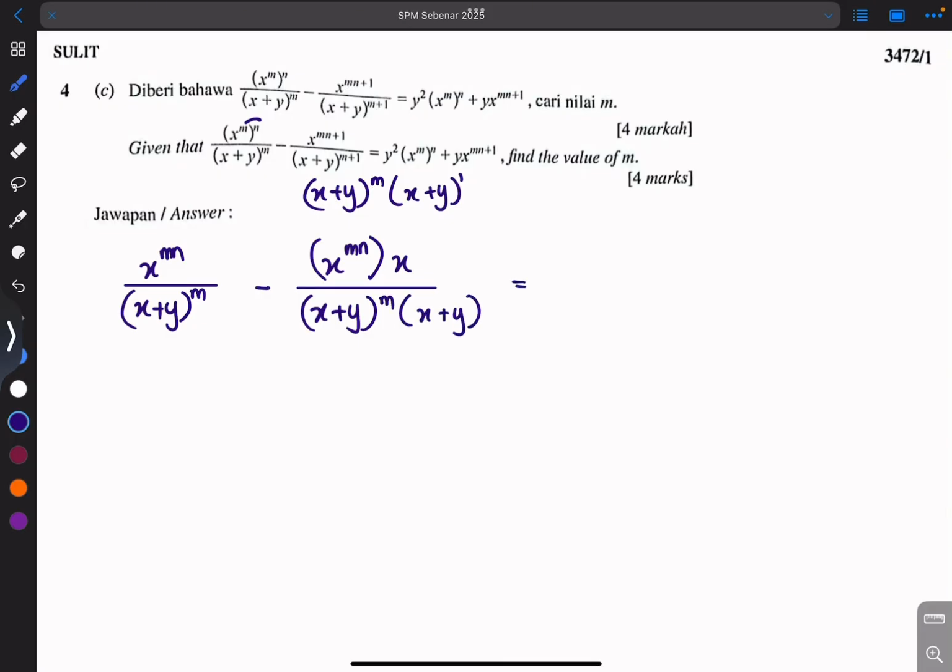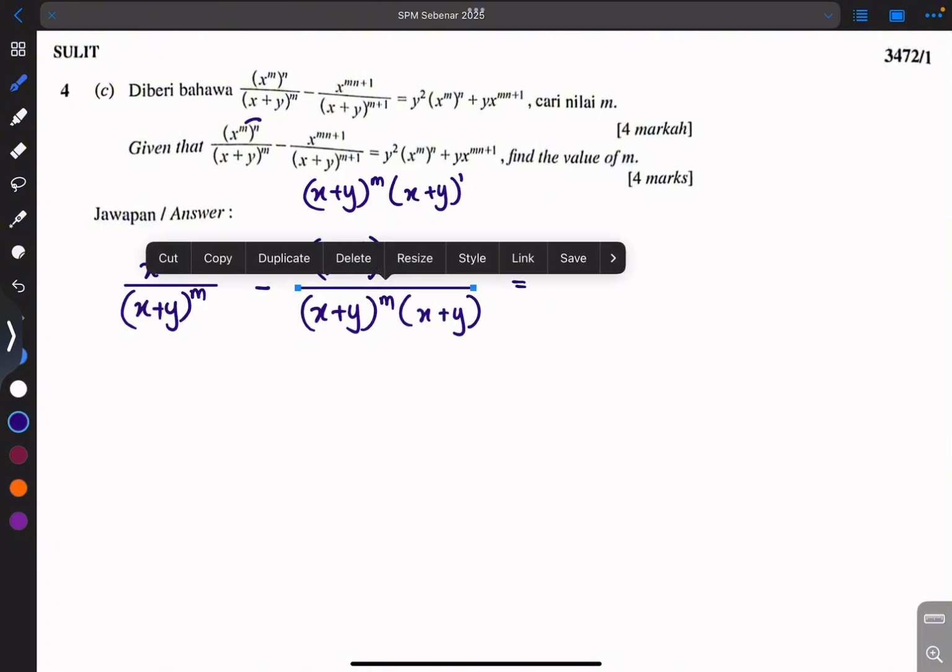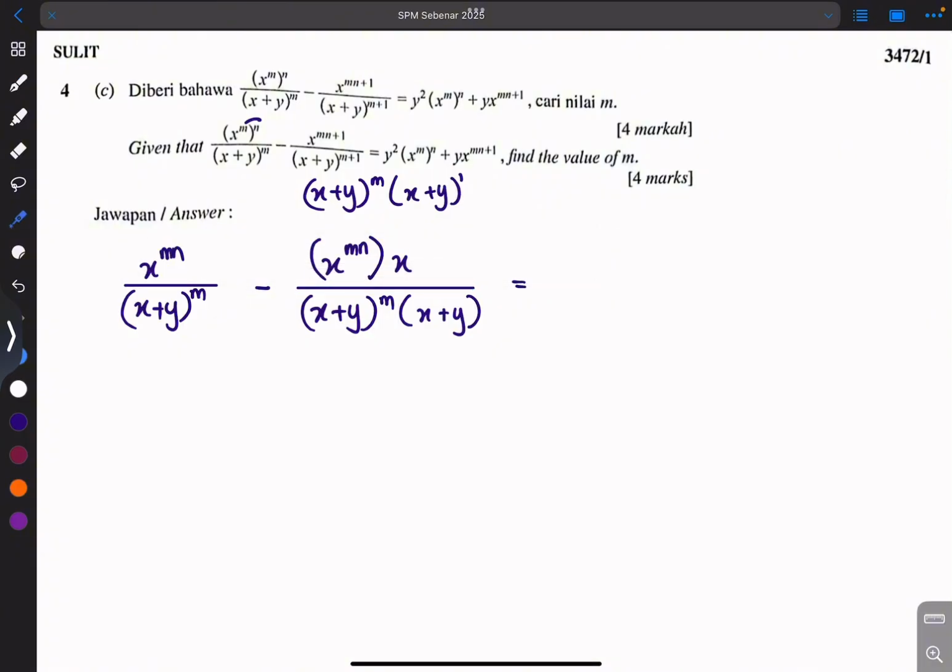Okay. So this whole thing equals to the right side. Right side we get y² x to the power mn plus, this one also plus 1, so we can do y times x to the power mn times x.